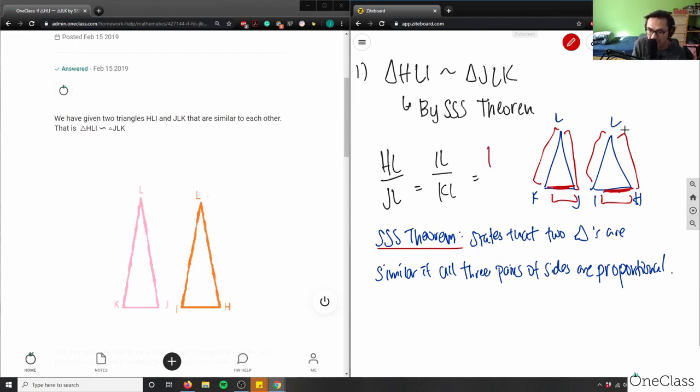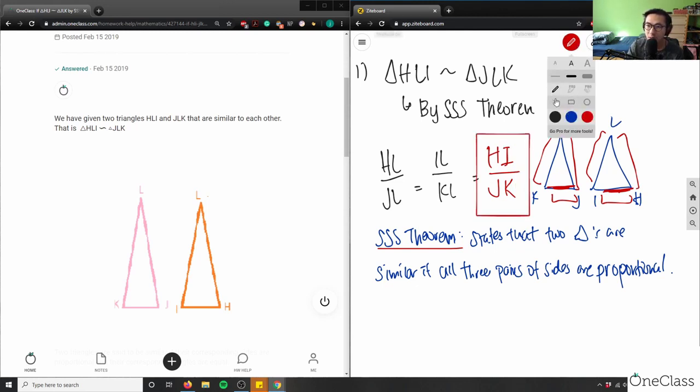So I can say that HI over JK is also proportional for triangle HLI and triangle JLK to be similar through the SSS theorem. This here is our answer: HI over JK.